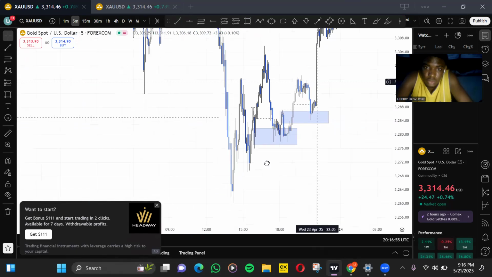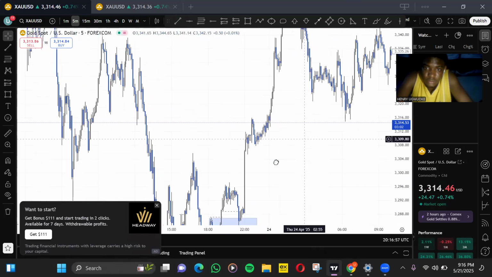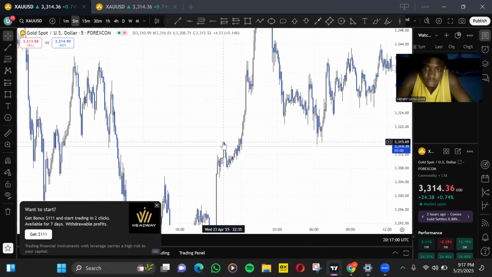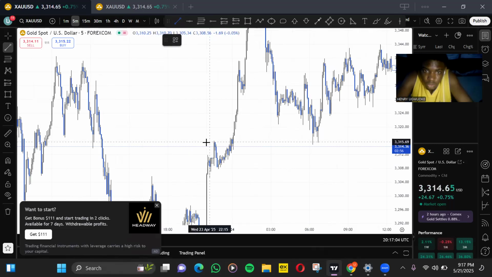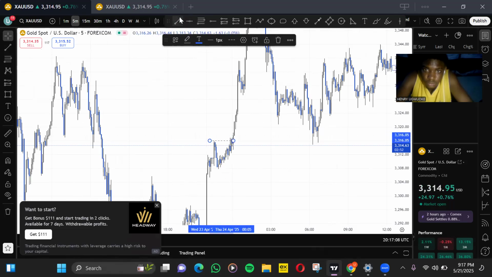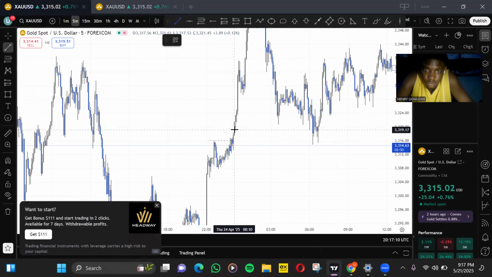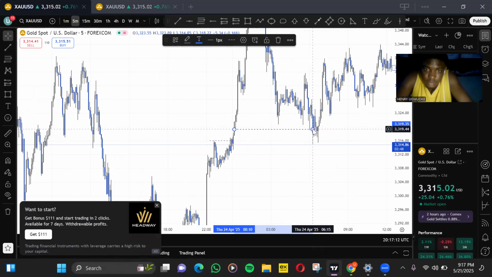I've got two trades so far, right? Bit of structure as well as the back.